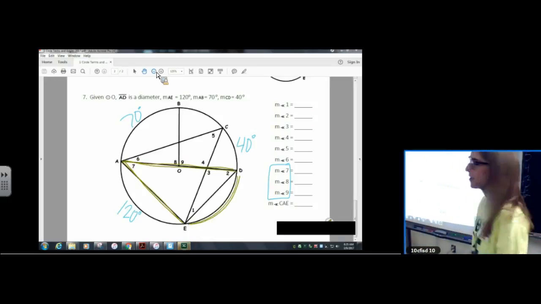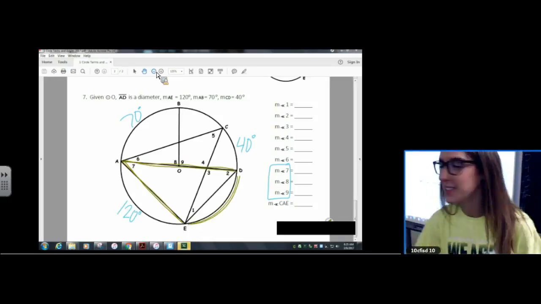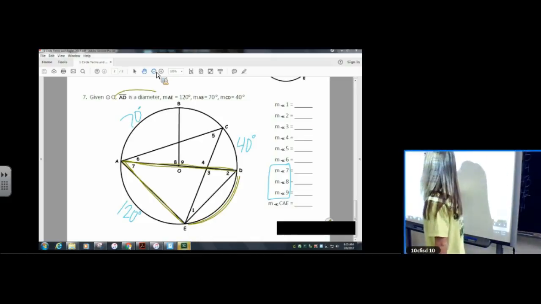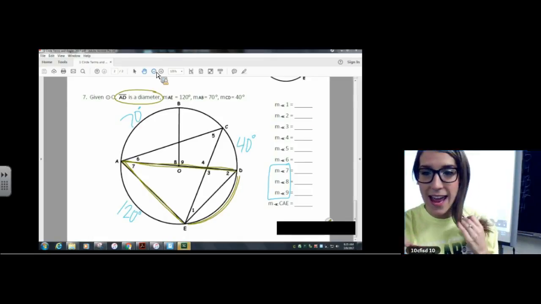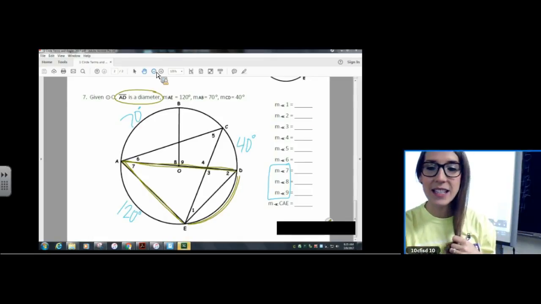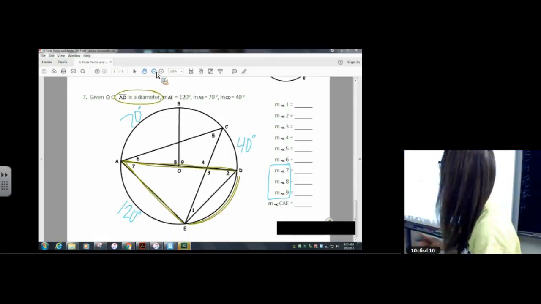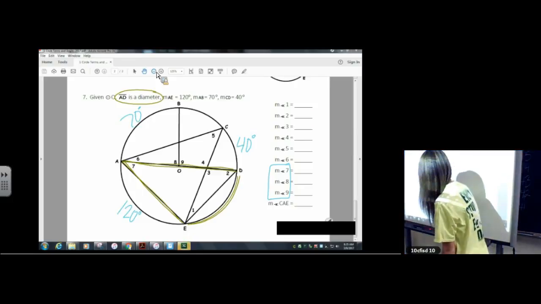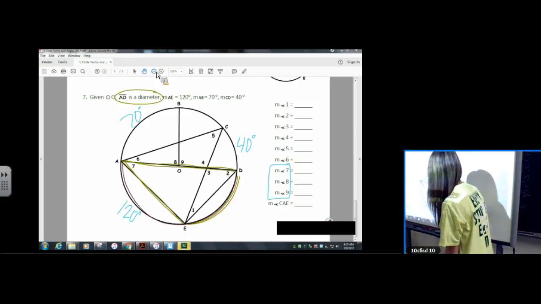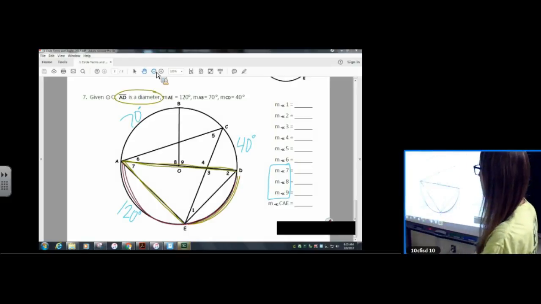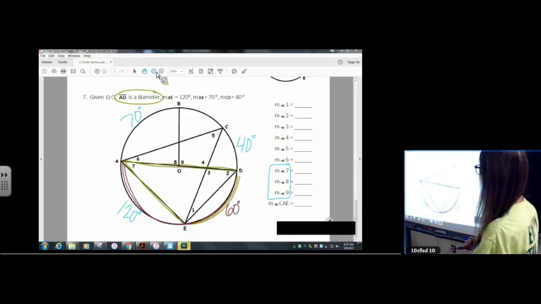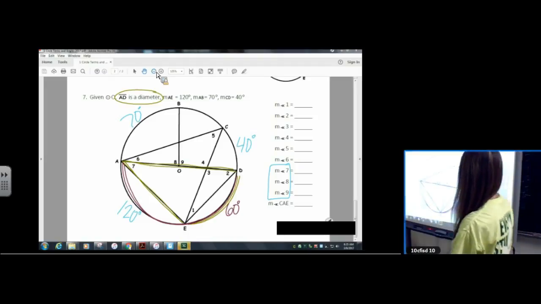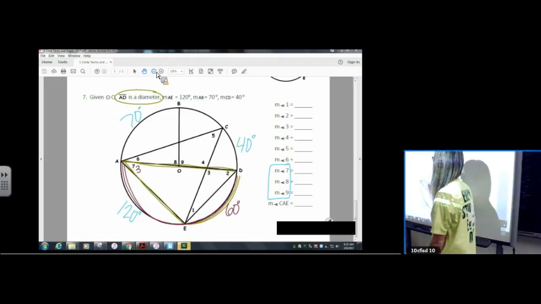We don't know its intercepted arc, but we do know that AD is a diameter. And a diameter means that arc AED is a semicircle. So we're going to do 180 minus 120. We're going to get 60 degrees for arc ED. An inscribed angle is half its arc.